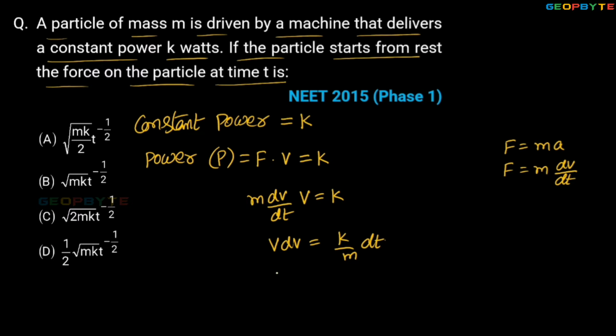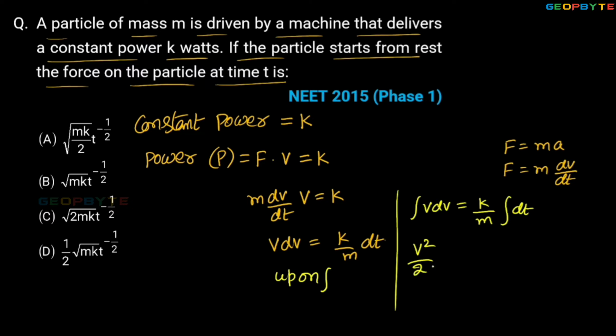Now, for getting the velocity, let us integrate it. Upon integration, integral v dv equal to k by m, constants outside, integral dt. It is v square by 2 equal to k by m t.